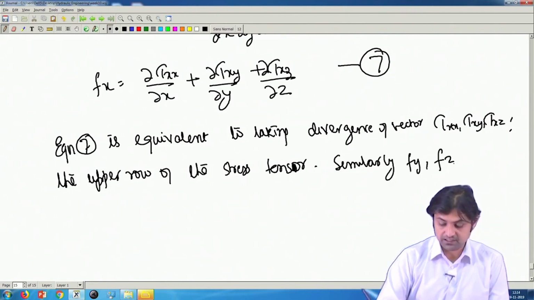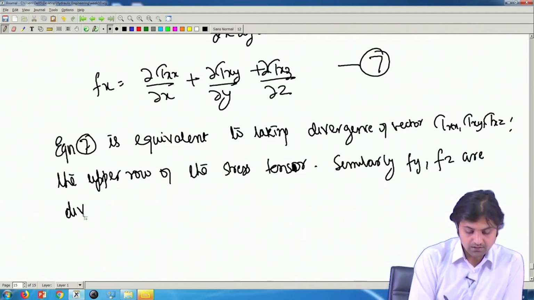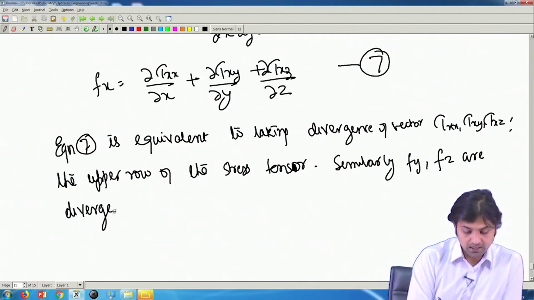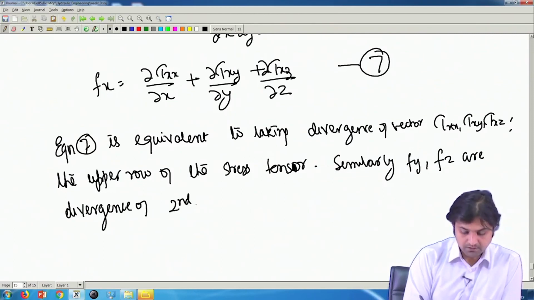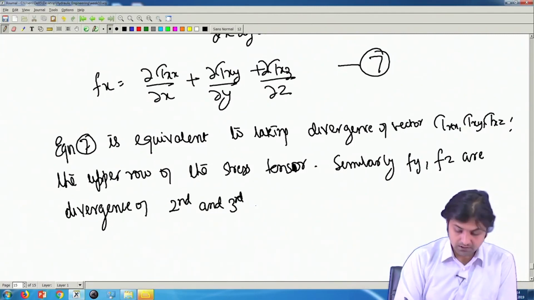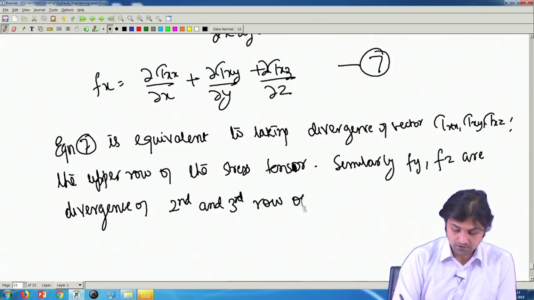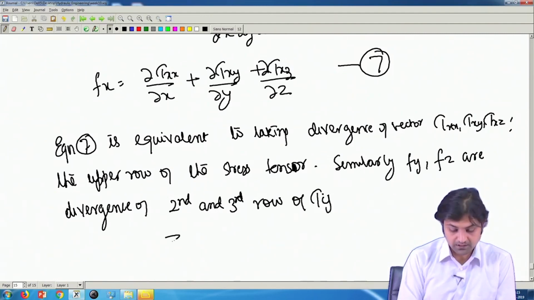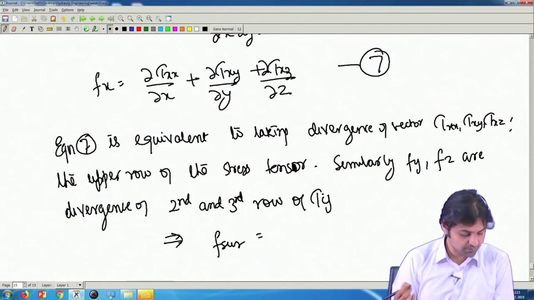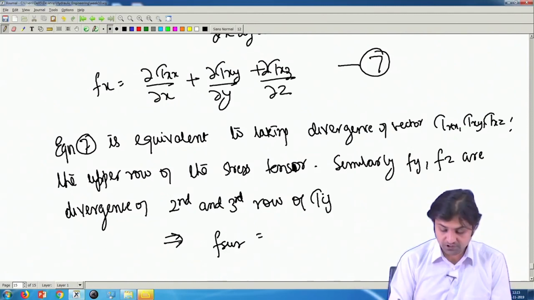So similarly, fy and fz are the divergence of the second and third row of tau ij. This simply means that the total surface force will be the summation of these forces.